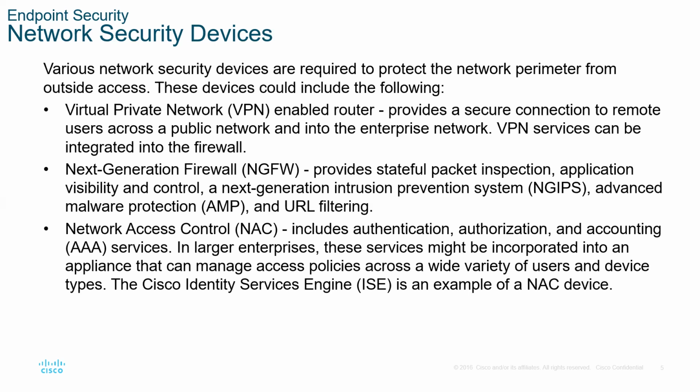The VPN enabled router works basically by encrypting traffic between either a remote user or a site. So the link between that user and the enterprise network, which usually goes over the public internet, the information is encrypted.